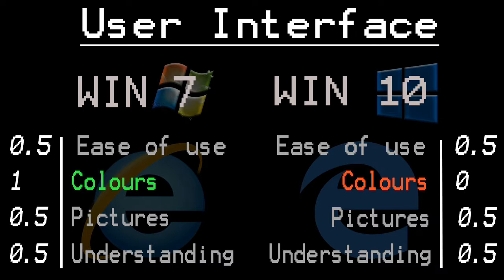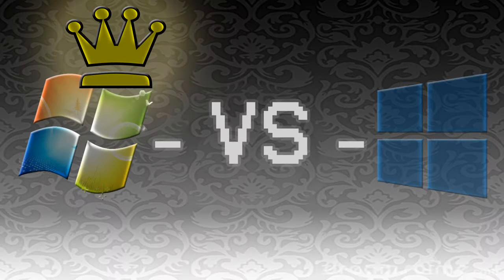Which means Windows 10 didn't win any categories. It was all three draws, so 0.5 times 3 is 1.5 out of 4. So Windows 7 actually wins on user interface for Internet Explorer.